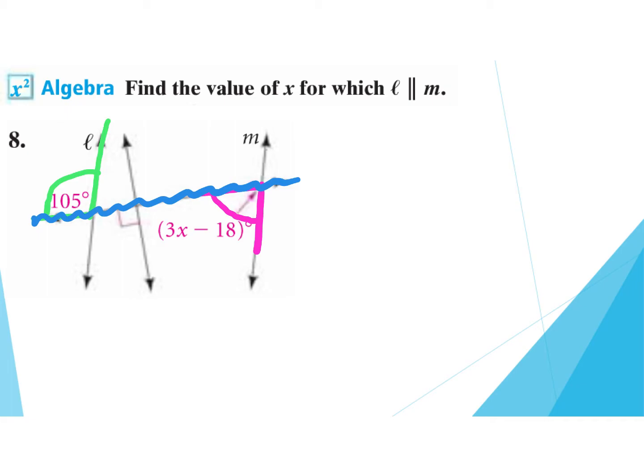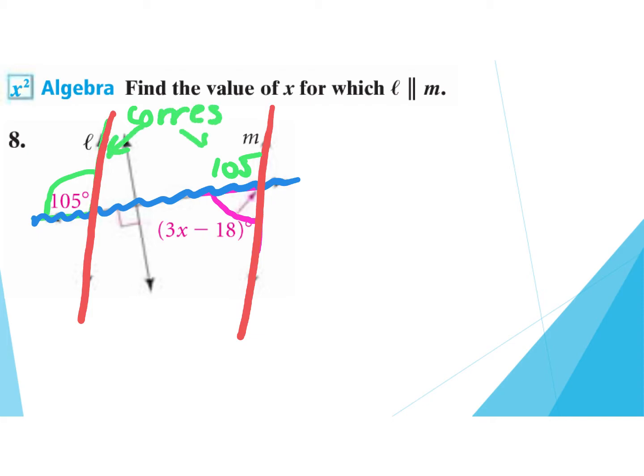However, when I look at what the parallel lines are, we have lines that we want to be parallel. However, we don't have a direct relationship. But if we know that these lines are parallel, I can say that this angle is also 105 because these are corresponding angles.